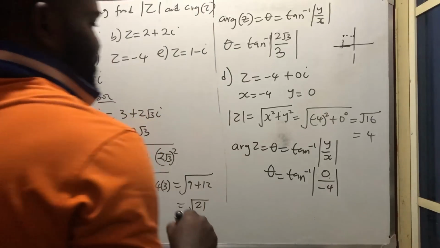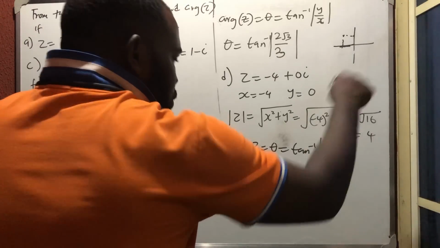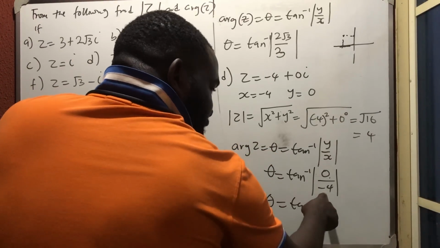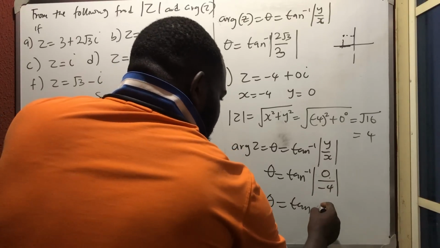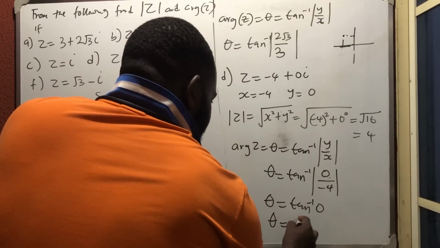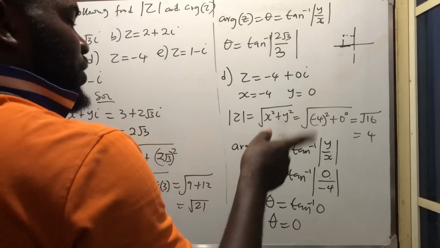An absolute value means that the negative will go. So 0 divided by 4 will give you just 0, and tan inverse of 0 is 0 because tan 0 is still 0.